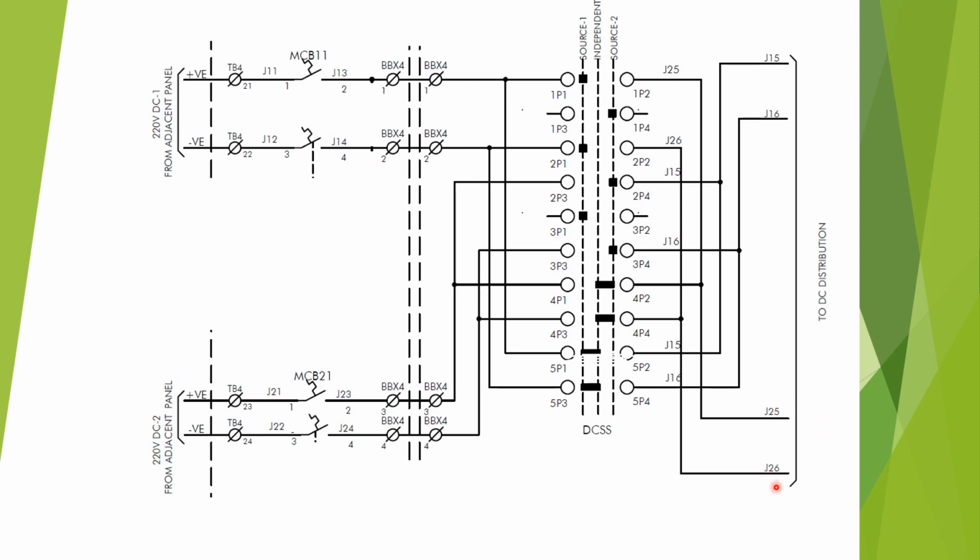Again, J25 and J26 will get DC from the contacts 4P1, 4P2, 4P3 and 4P4 from the DC source 2. So in this case, both J15, J16 and J25 and J26 will be selected from the DC source 2 since the switch position is kept at source 2.